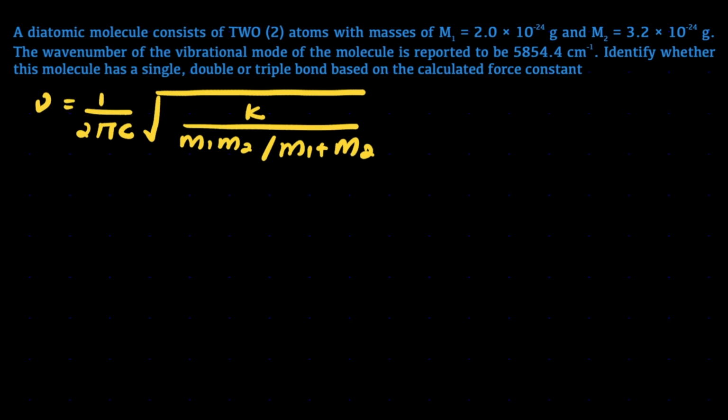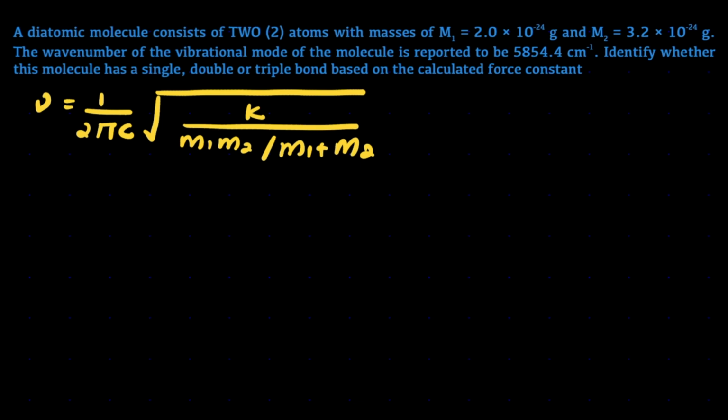I'm not going to show you the calculation for m1 times m2, so you should get 6.4 times 10 to the power of negative 48. This one should be gram square, because m1 is in gram and m2 is in gram as well, so you times both numbers, so it's going to be gram square.